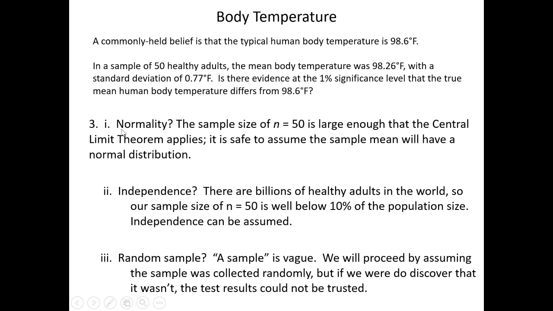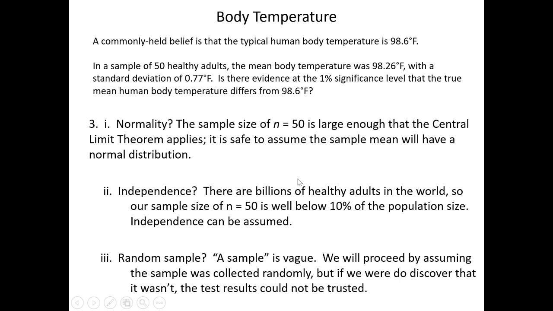All right, we need to check the necessary conditions and make sure you're checking the conditions for the t-test rather than the z. Okay, so with the t-test, when we think about normality, we're checking for normality of the sample mean x bar. And recall from video 4 that there's sort of 2 things that could happen.